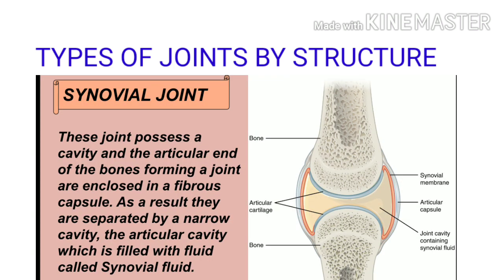Okay, so we are done with the fibrous and cartilaginous joints, and now we will learn about synovial joints. This joint possesses a cavity, and the articular ends of the bones forming the joint are enclosed in a fibrous capsule. As a result, they are separated by a narrow cavity, the articular cavity, which is filled with fluid called synovial fluid.